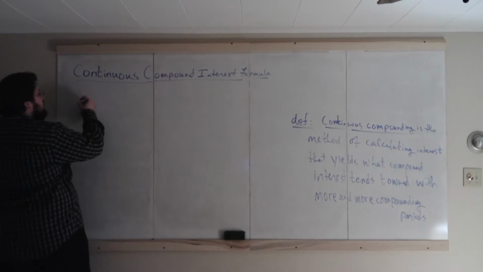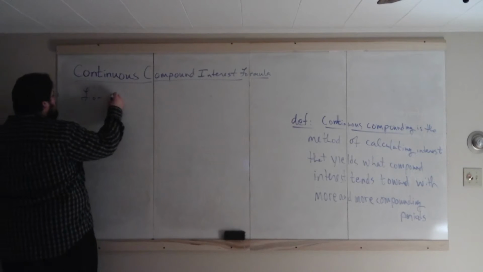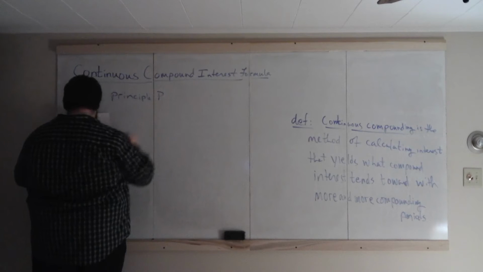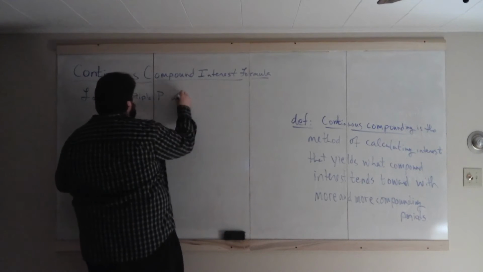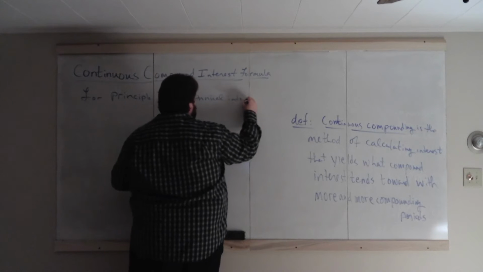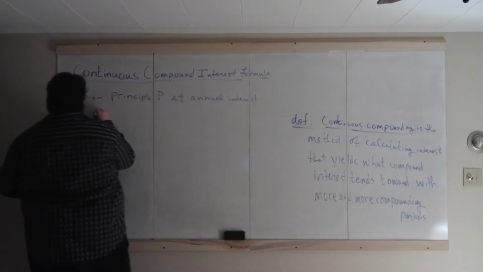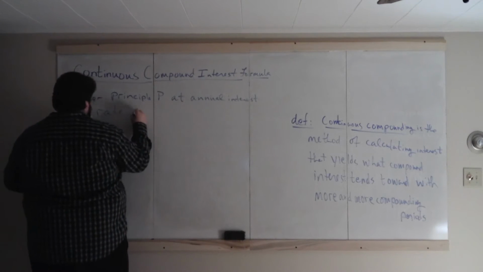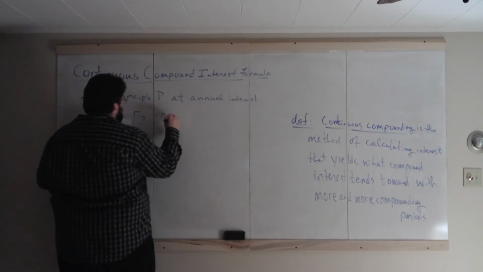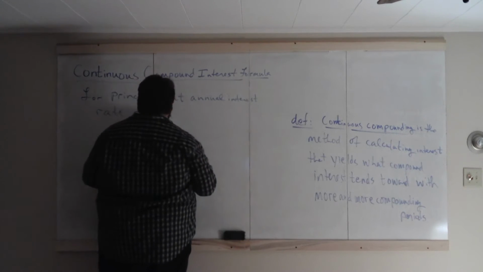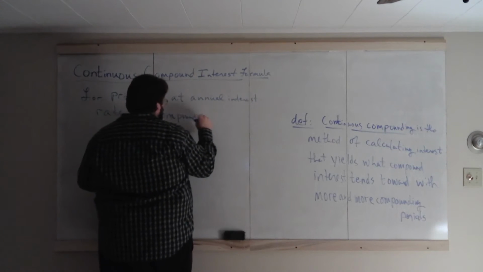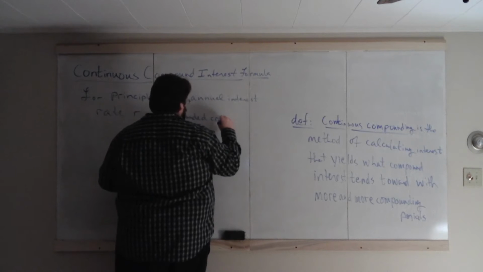So the continuous compound interest formula: for principal P at annual interest rate R, compounded, in this case, continuously, because we're getting the continuous compounding formula.